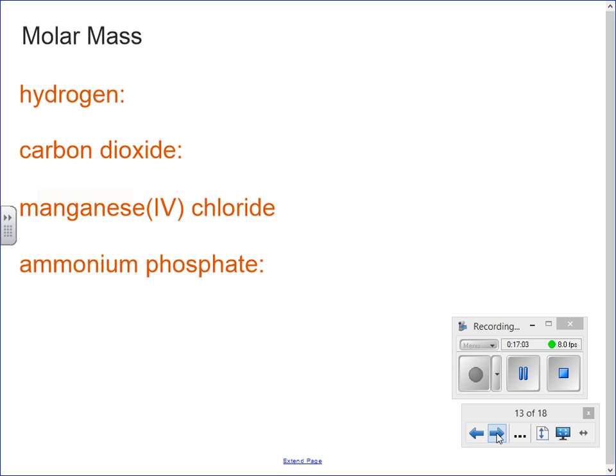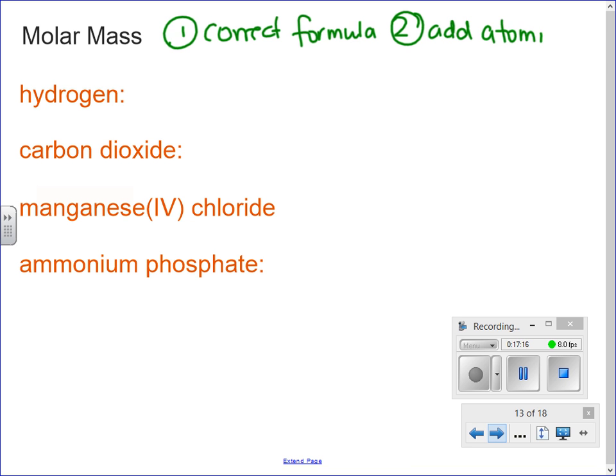Now to find molar mass, the first thing you need is the correct chemical formula. Then you will add atomic molar masses. So this is actually going to get you to review two things at the same time. One, correctly writing formulas, and two, adding up molar masses that you find on the periodic table.